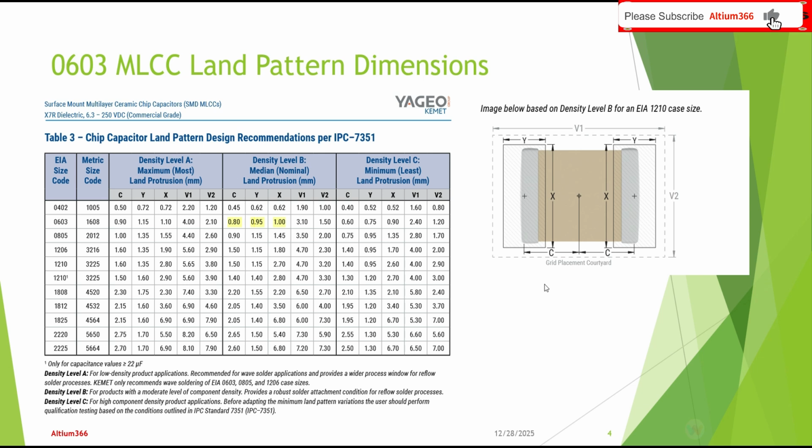That's why the density level A dimensions are always greater than density level B and C, because in wave soldering you need more space for the component compared to reflow soldering. This image is not for the 0603 but for the 1210 case size. This is the length, which is 0.95 millimeter, the width is 1 millimeter, and the gap between the two pads is 0.8 millimeter.